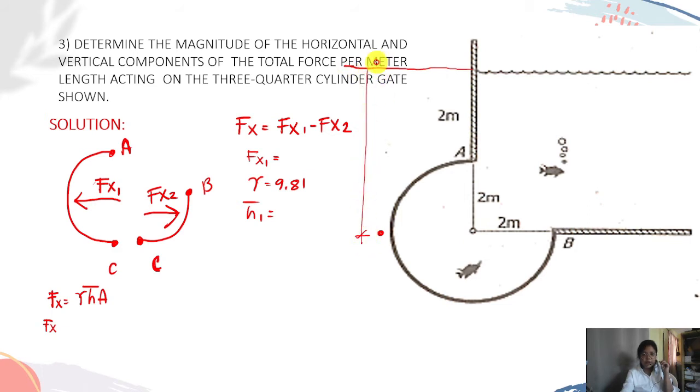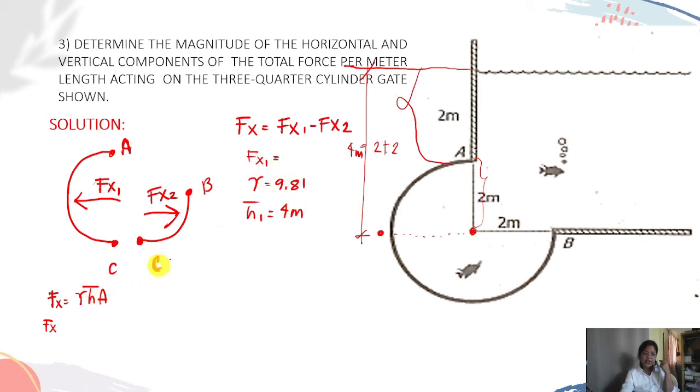So, sa makatuwid, the height here is equal to ito, 2 meter plus ito, 2 meter ulit, no? Paano? Diba, ang location ng center of a circle projected vertically is just equal to the from the radius to the origin. So, kung ano yung height mo yan na din yun. Yan yung kagandahan ng semicircle at ng circle. So, from the origin to the radius, yun na yung height. So, 4 meters.